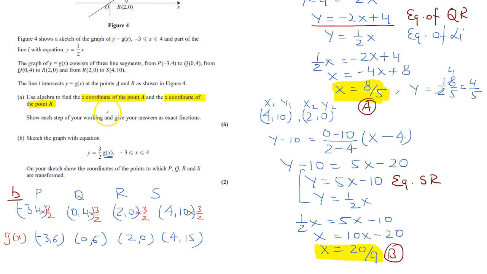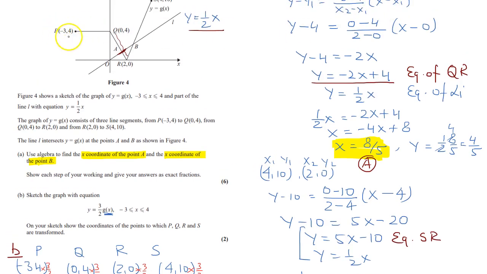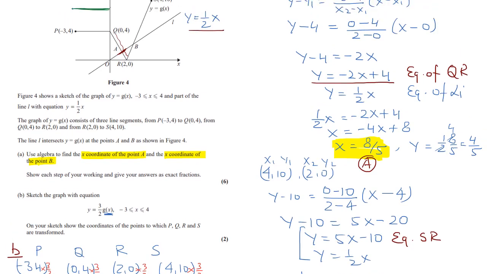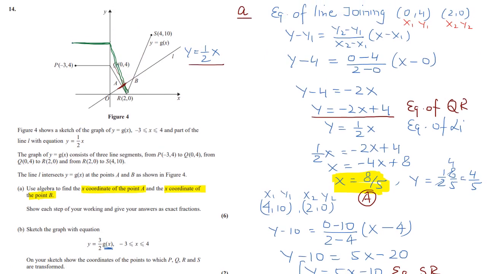So this is minus 3, 6, then 0, 6, then 2, 0, and 4, 15.